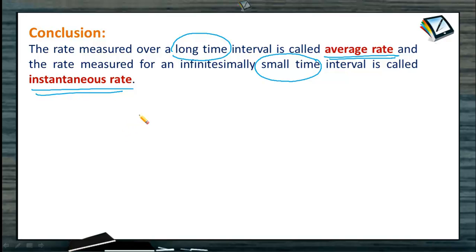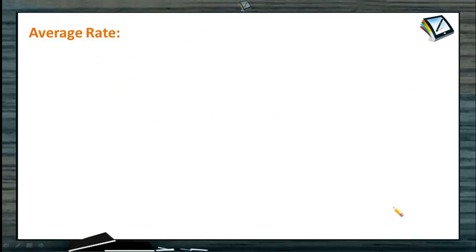Just as the speed of the car is expressed in terms of distance travelled per unit time, the speed or the rate of a chemical reaction is expressed in terms of the change in concentration of the reactant or the product with time. Let's understand the meaning of average rate in terms of chemical reactions. In a chemical change, we know that reactants are converted into products.